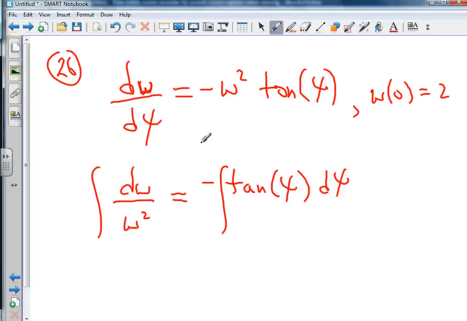Now remember when we first did it, we ended up with negative ln of cosine, and we took the negative 1 and brought it in as an exponent. Cosine to negative 1 was secant. Here we're getting negative ln of secant. So that's really ln of cosine if you want, without a negative. It doesn't matter. You can leave secant if you want. All right. But wait, how do you integrate this side?